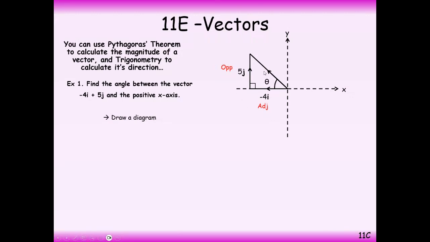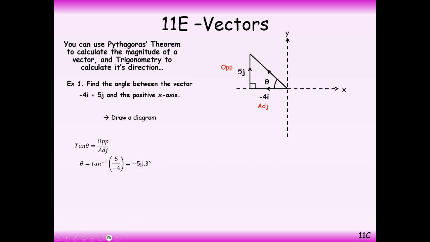When you're working with trigonometry, remember what we learned in chapters 9 and 10, angles in four quadrants. You label your triangle opposite and adjacent, and you are going to use tan. Now make sure you use the negative 4 rather than the positive 4, because things may go wrong. So when you write tan of the angle and substitute the values, you have to take the tan inverse of this ratio to find an angle. Don't forget that.